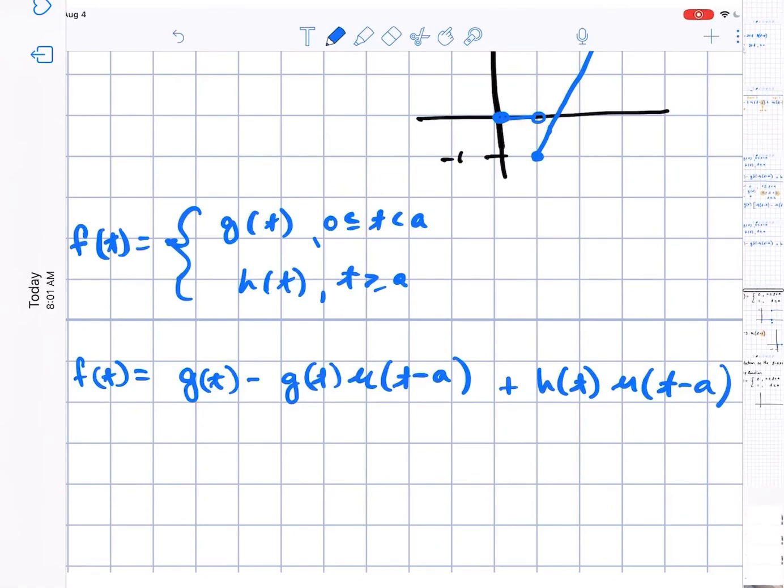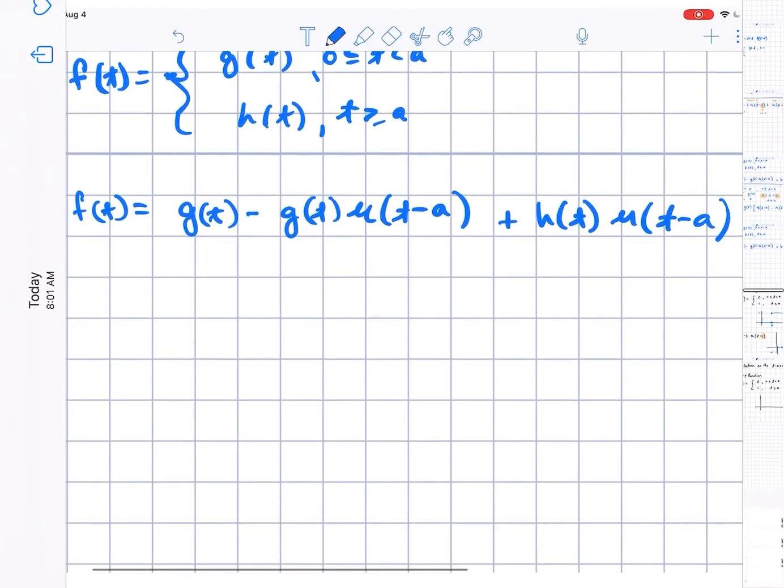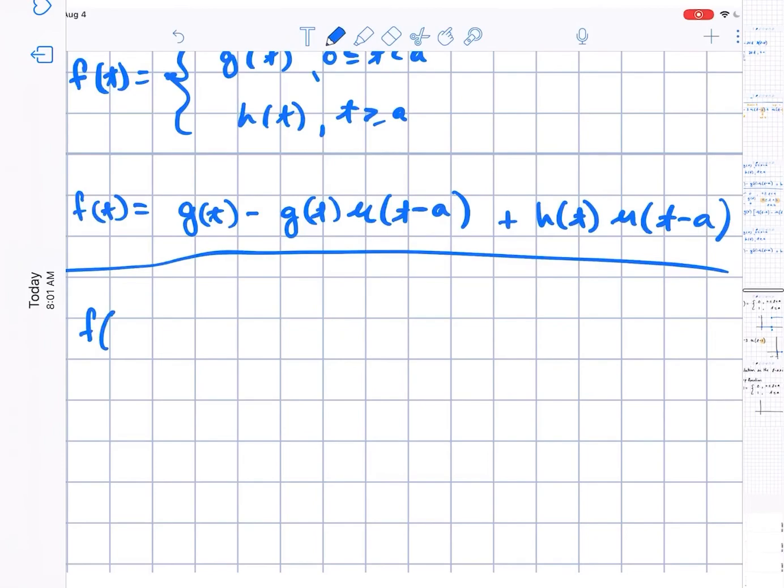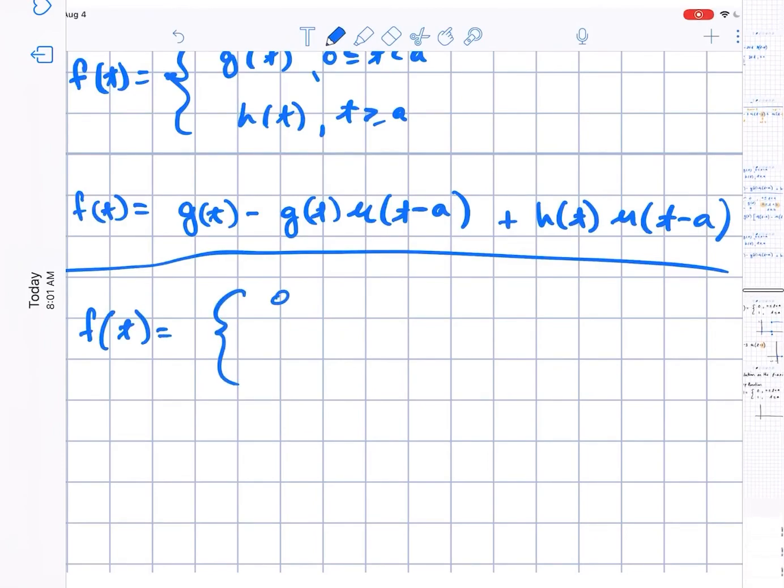Also, another example, to say it looks like this.